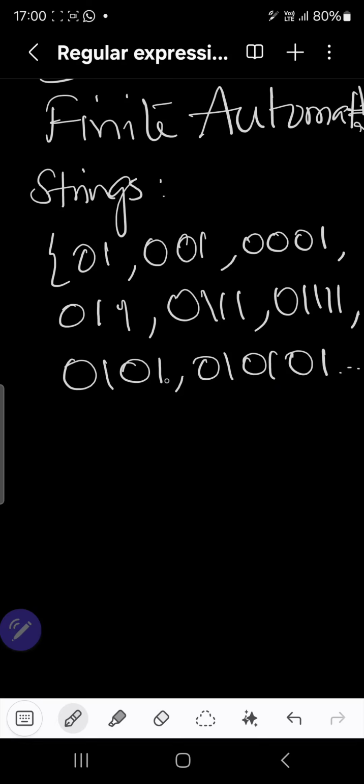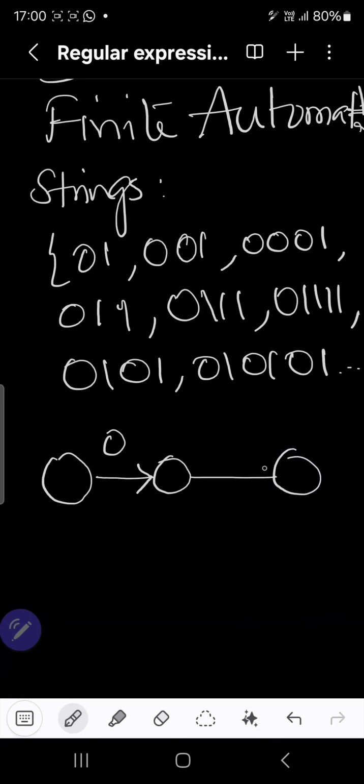So let's try to draw the DFA with the minimal string. So we'll have a start state. We can have a transition. For the minimal string, the first character is 0 and the last character is 1. Now we'll take the second string.